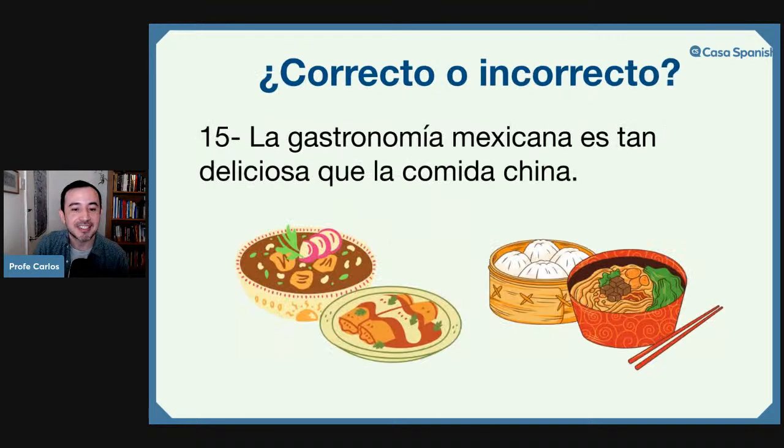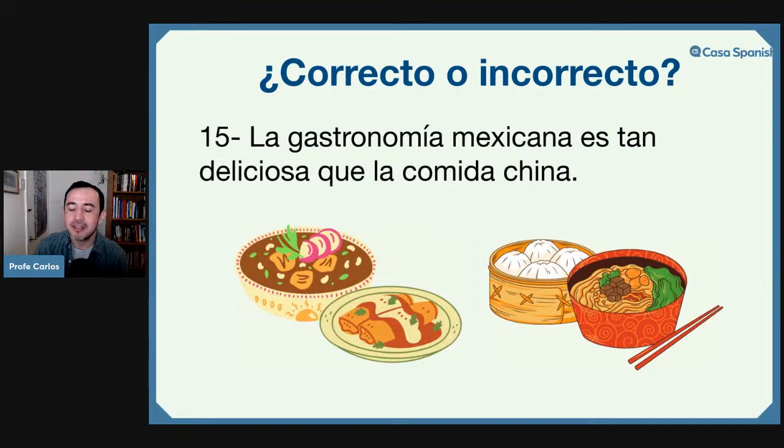Seguimos. Okay, the last one. Let's see. Correcto o incorrecto. La gastronomía mexicana es tan deliciosa que la comida china. What do you guys think?